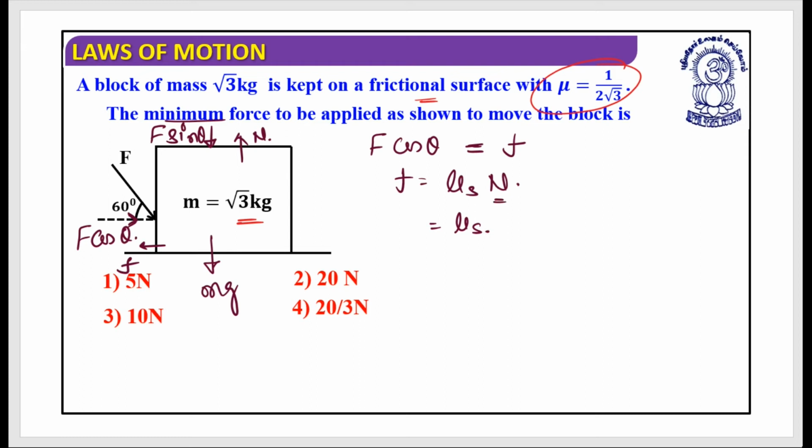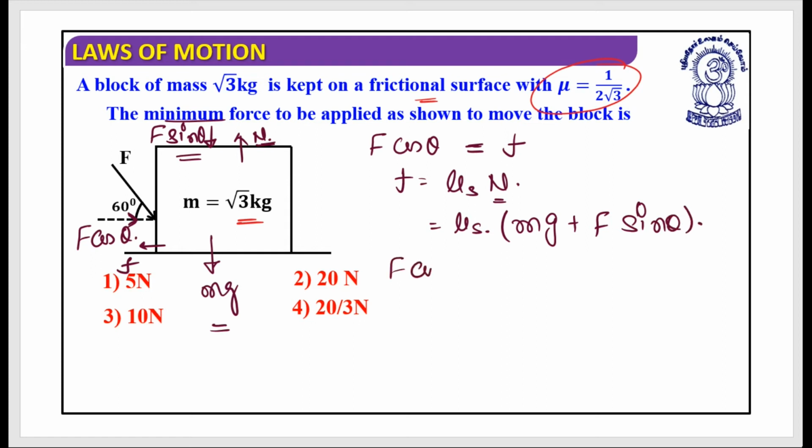Do not make a mistake over here that N is equals to mg. No, it is not. Look at this diagram: N is acting in the upward direction, mg is acting in the downward direction, and even F sin theta is acting in the downward direction. So I need to write N is equals to mg plus F sin theta.